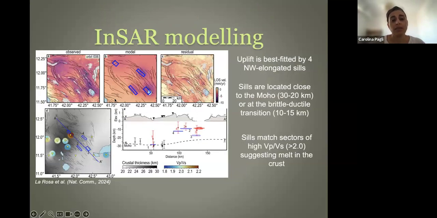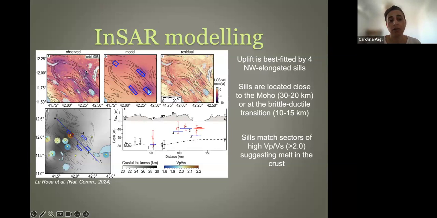Once we had this confirmation that the uplift is real, we went back to the original interferograms and simply inverted them, assuming deep, sill-shaped magma chambers at different depths at the location of the main 4 deformation signals.